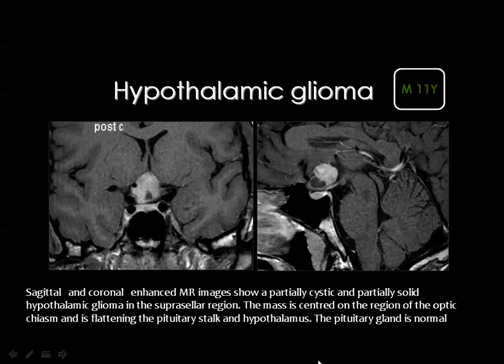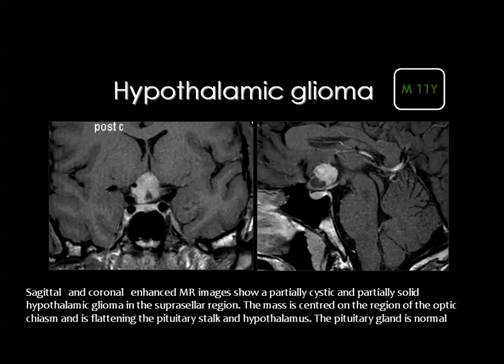Then, if you see a lesion in the suprasellar area, and you remember if this is a child, you are in the diagnosis of one of two, the craniopharyngioma and the hypothalamic glioma. The craniopharyngioma is predominantly cystic. It contains a solid component and they may show calcium.